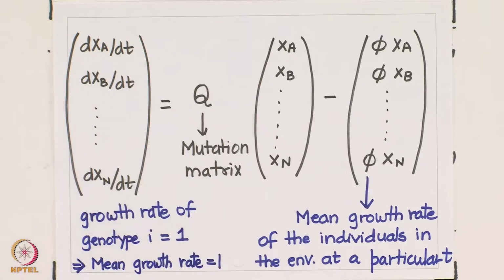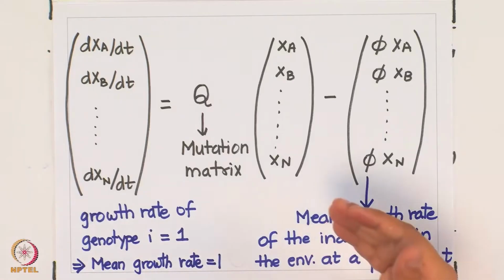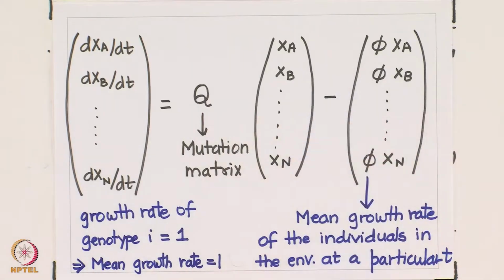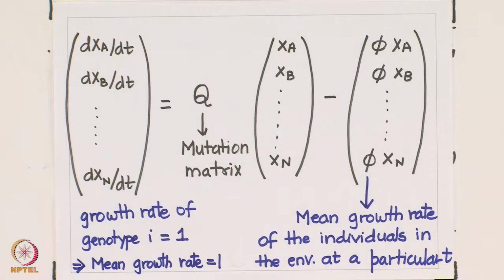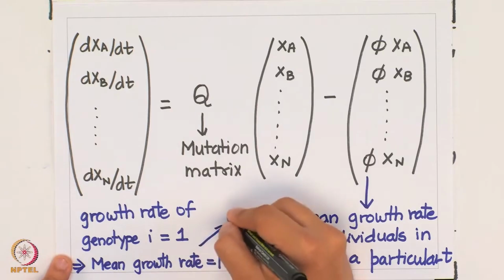And this mean growth rate equal to 1 is independent of the composition in terms of the vector x at any particular time t, because no matter what the composition of the population at any time t, every single genotype is growing at a growth rate 1, and hence the mean is always going to be equal to 1. So phi for our case is equal to 1.